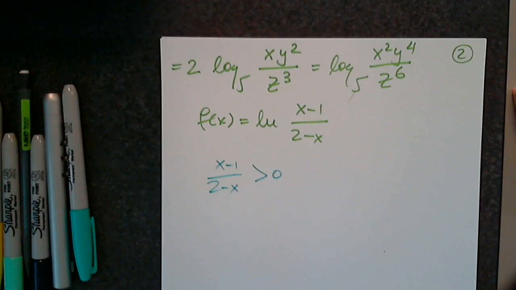Good. But now I have to dig deep and ask myself, what is this? It's a rational inequality. Awesome. And then I have to think again and say, how do I solve a rational inequality? Because I'm not allowed to multiply. So there must be something else I have to do here.